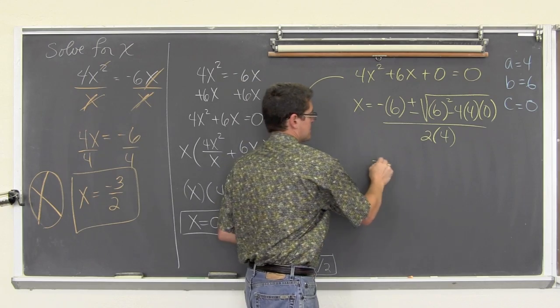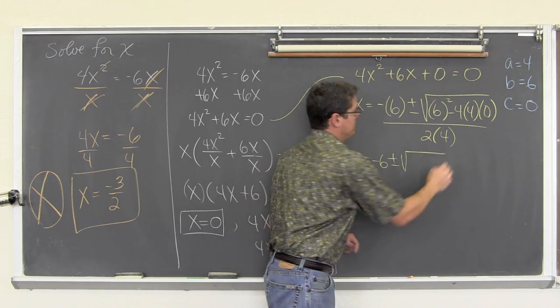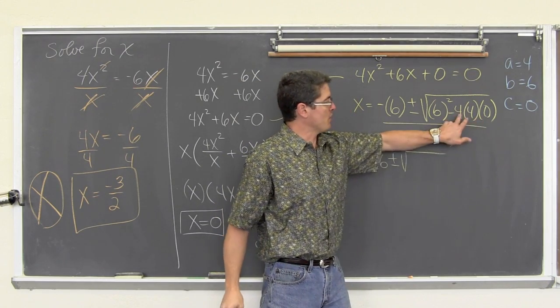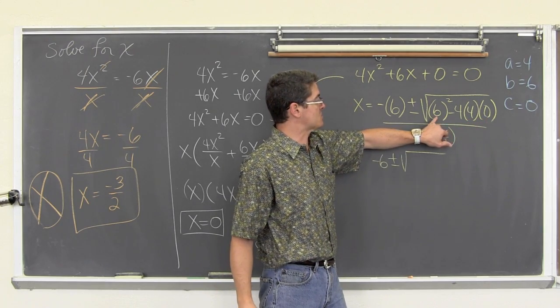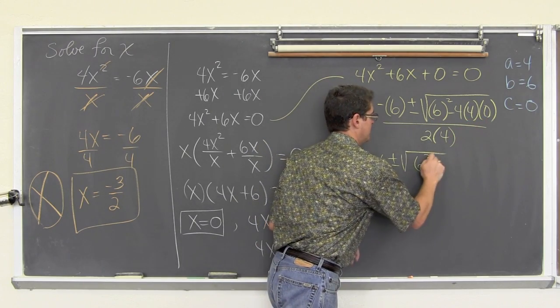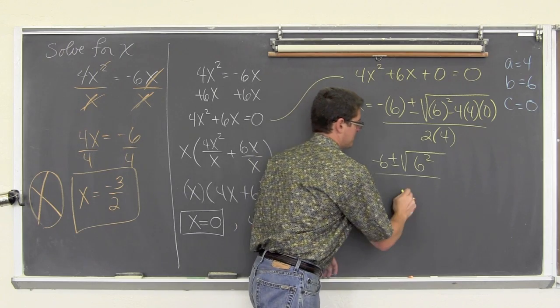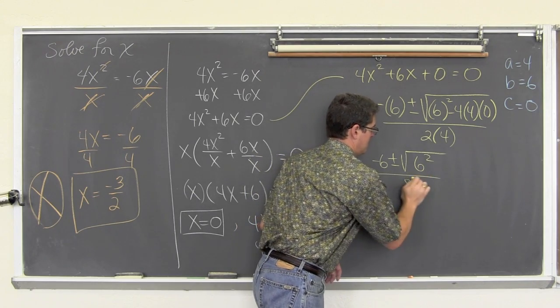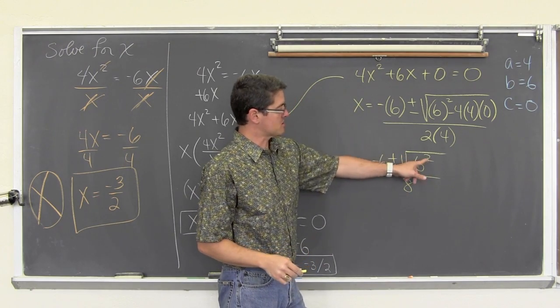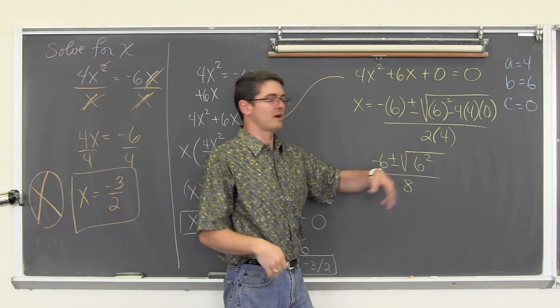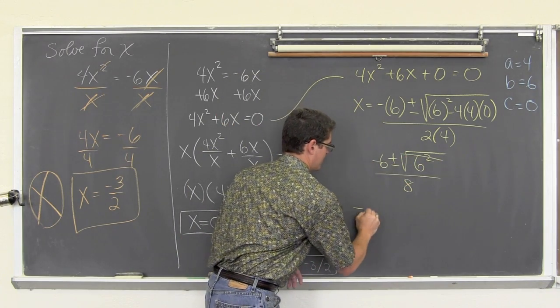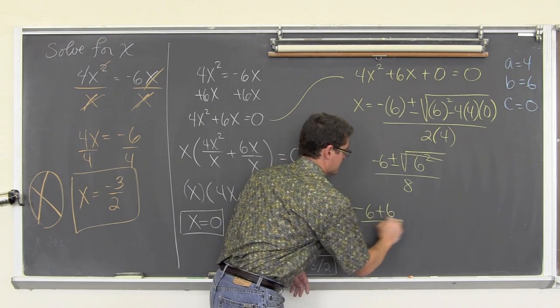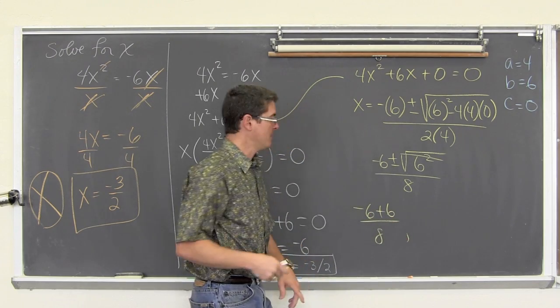We have negative 6 plus or minus the square root. The 4 and 4 make 16, but then you multiply it by 0. So really this is just the square root of 6 squared over 8. The square root and the square are going to cancel out, or you would add 6 squared is 36. Square root of 36 is 6. And we have negative 6 plus 6 over 8. Whoops, excuse me.